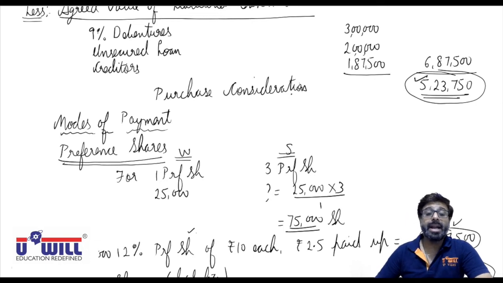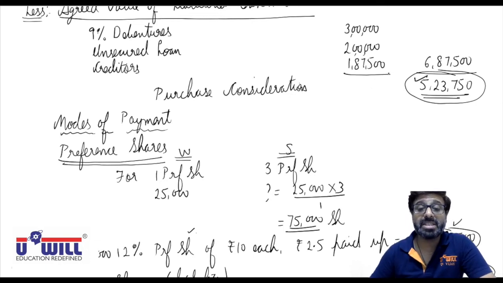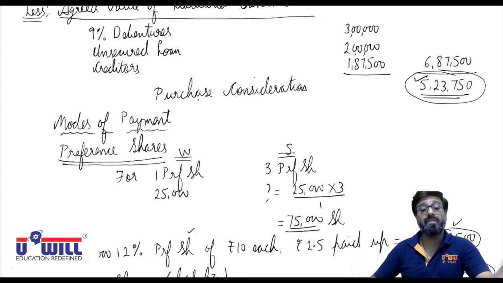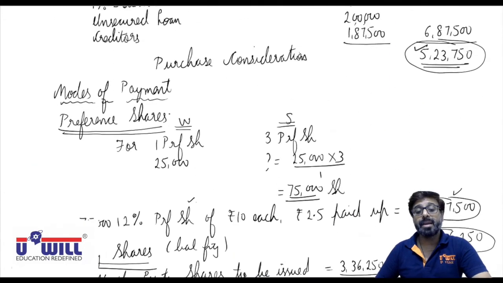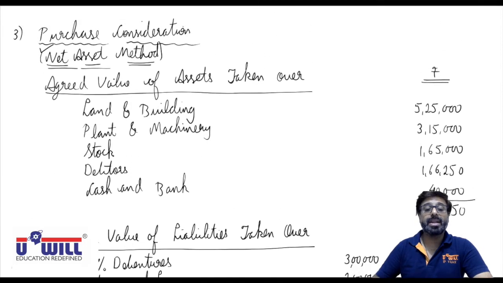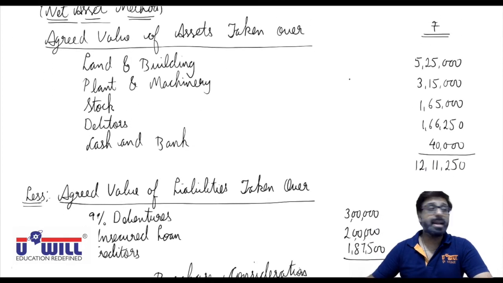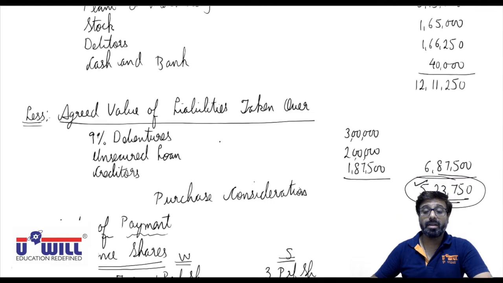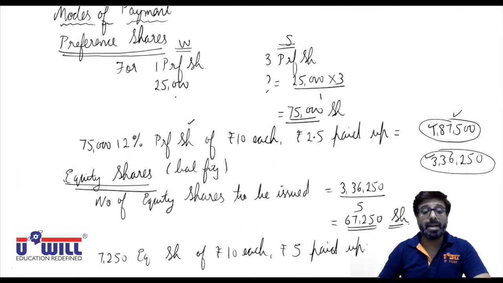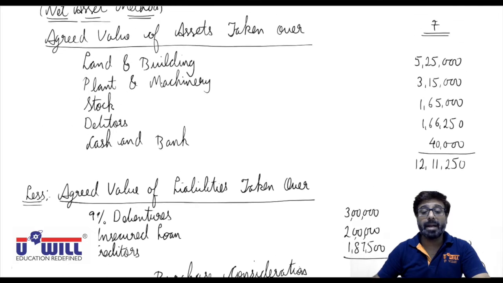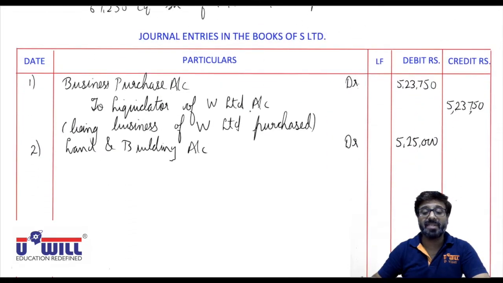So net assets are itself equal to purchase consideration. Neither we are paying more nor we are paying less. So goodwill or capital reserve will not come. Directly from this third workings we'll get the second entry. Land and building account debit with 5,25,000. Then after land and building we have plant and machinery account debit with 3,15,000.